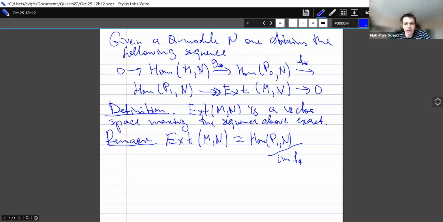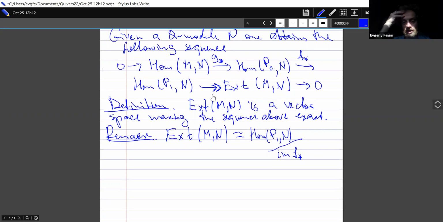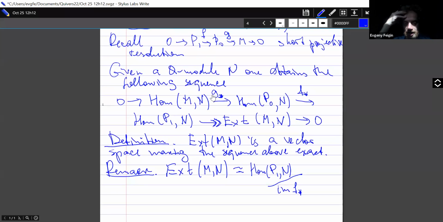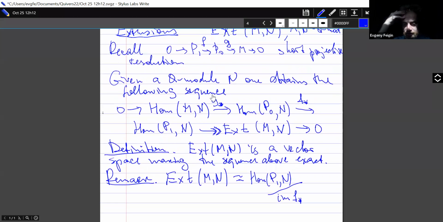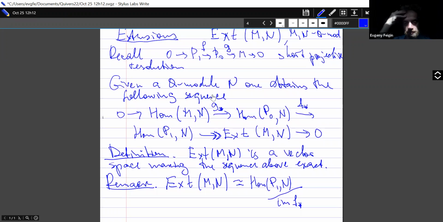Okay. We use that part of this sequence is exact, right? Yes. First of all, we can see that G lower star has no kernel, so this is an embedding, just because the map from P0 to M is a surjection.